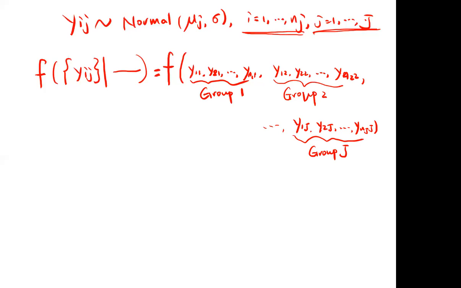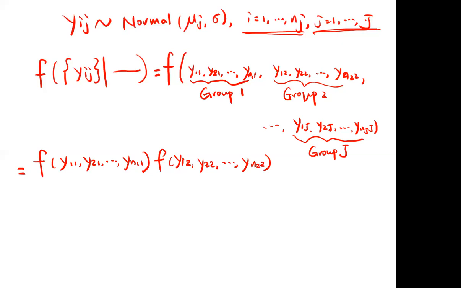So first of all, we know that across the groups, the sigma is shared, but observations are still IID. So one thing I can do is write the groups separately and take the product of them, because they are independently distributed.